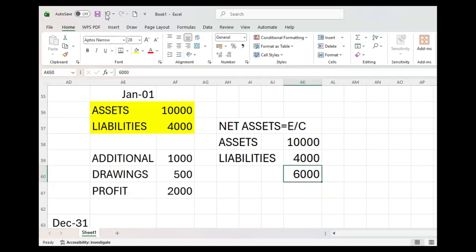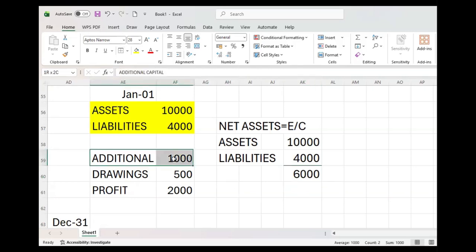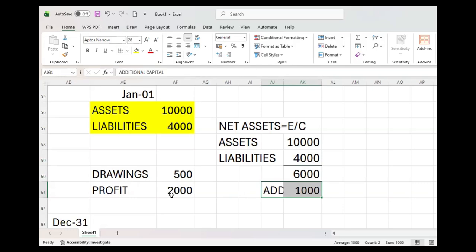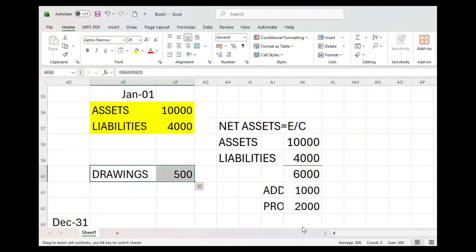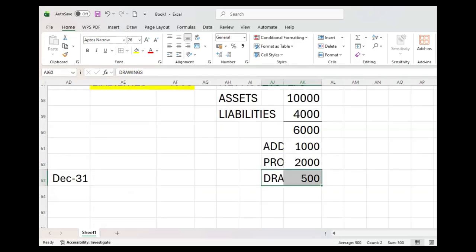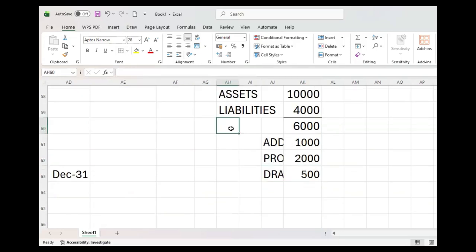Once I get this, now I can add my profit and subtract my drawings. So this is my opening capital or my net assets.